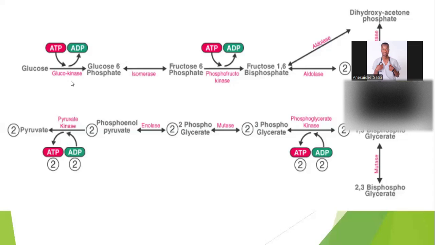So we have reacted glucose with ATP in the presence of hexokinase. Then we phosphorylated our glucose on the sixth carbon. Then we got glucose 6 phosphate. So far, so good.